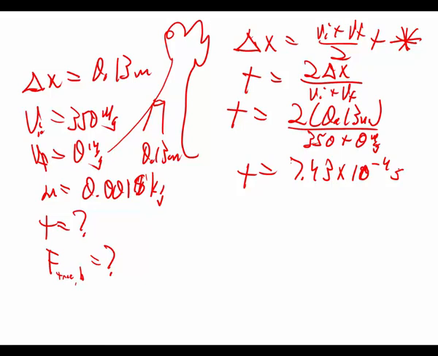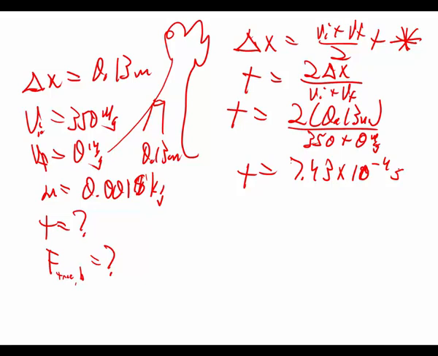Bullets traveling at 350 meters per second? Are you kidding me? Yeah, that makes physical sense. That's how many thousandths of a second? 7 ten-thousandths? Yeah, that makes perfect physical sense.